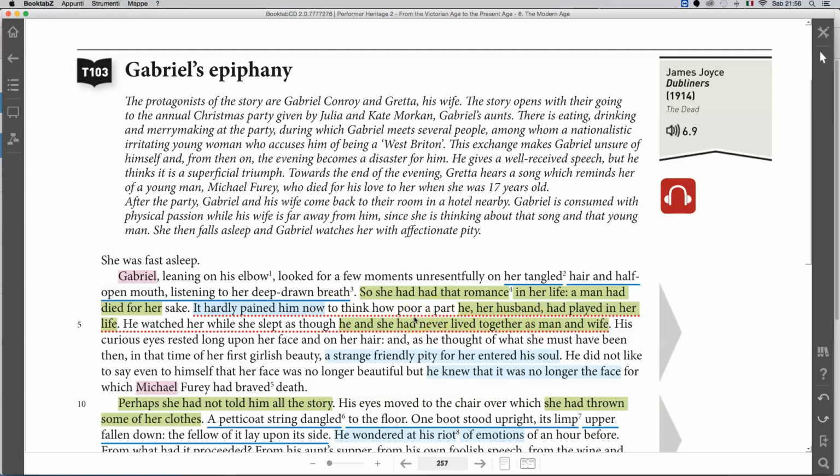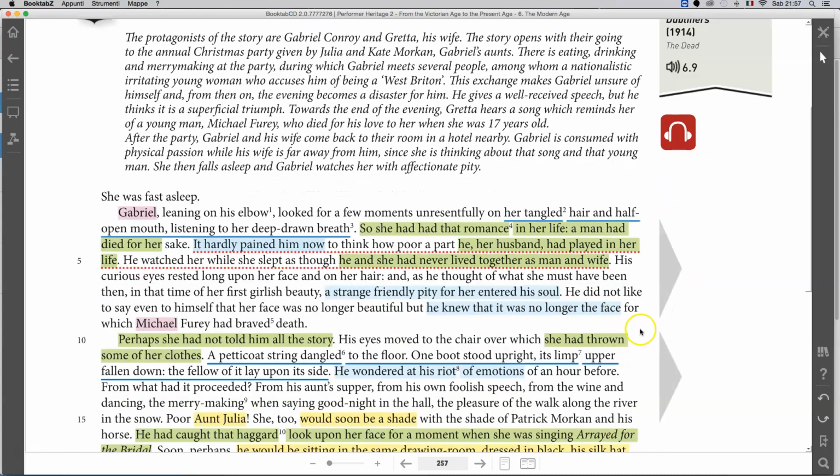And the revelation of the truth in Gabriel is that his wife was still in love with another man, and that the relationship was actually very fake, false, and it was like he and she had never lived together as a wife and husband. And this was the moment of the epiphany.